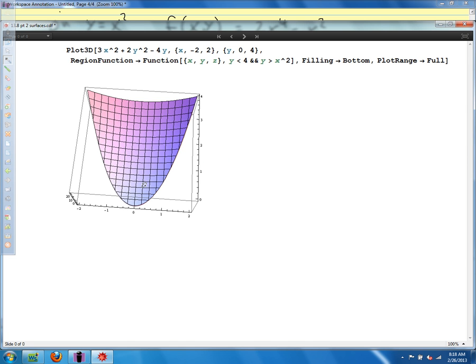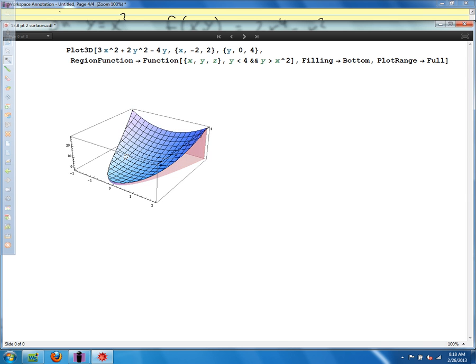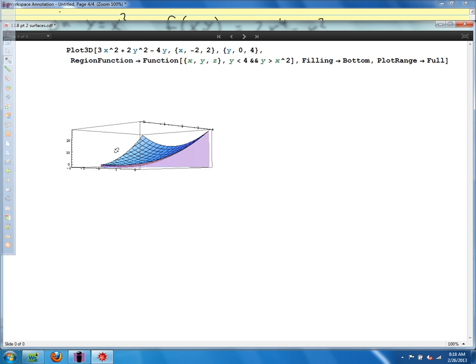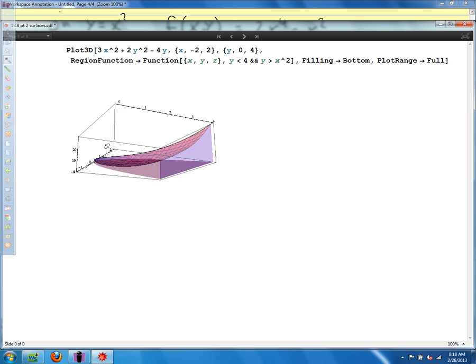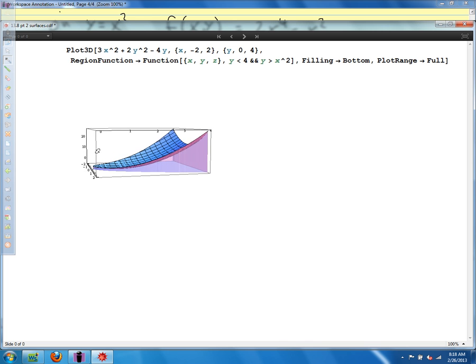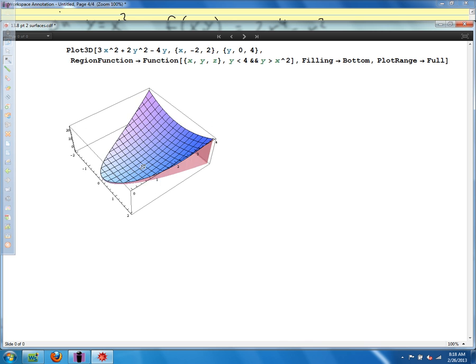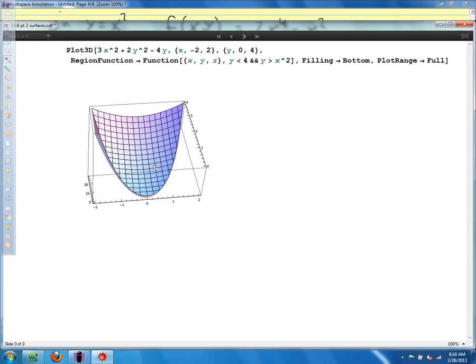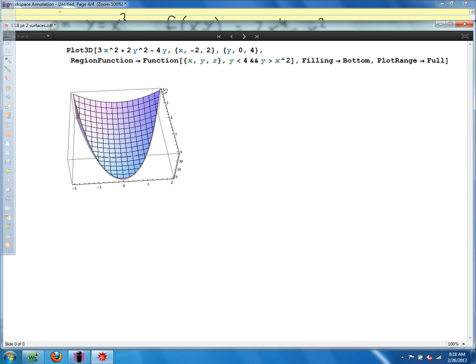So right here, my minimum is -2. So it kind of dips down below 0 there. And then my two maximas are here and here.